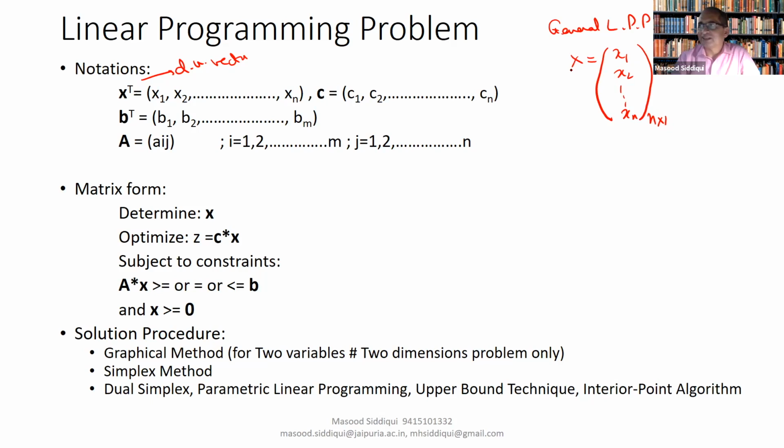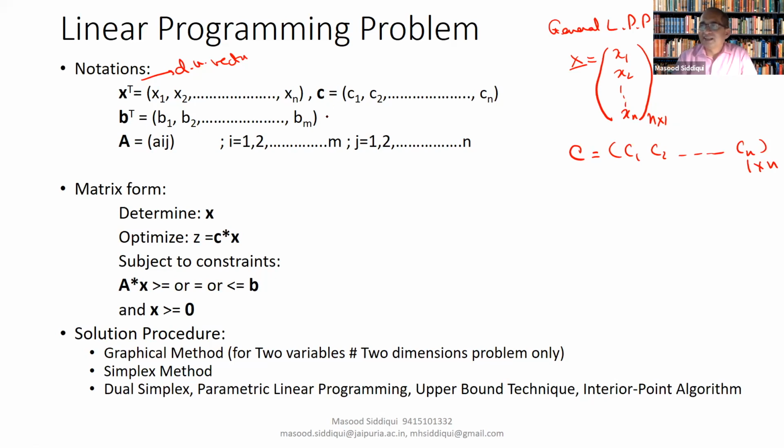Then we have the objective function coefficient vector, C1, C2 up to Cn, which has order 1 cross n. And this is the second vector.